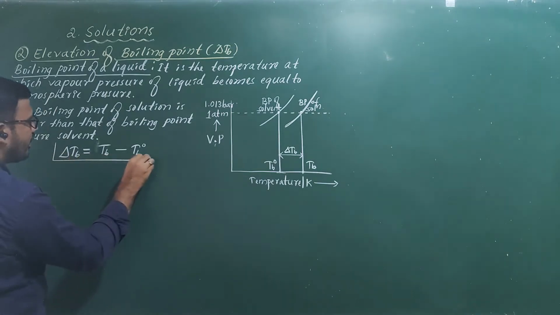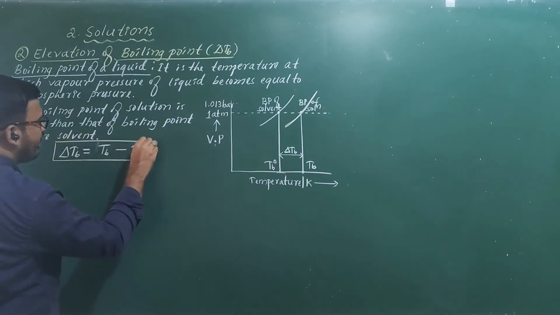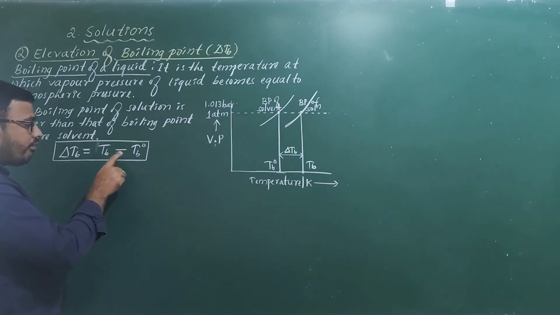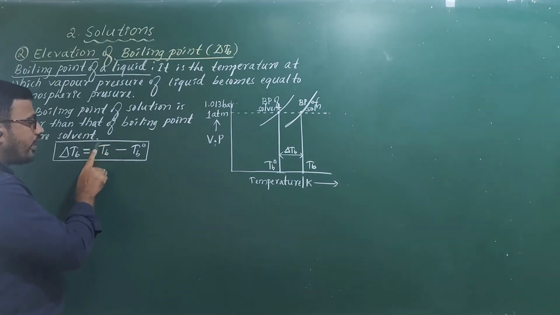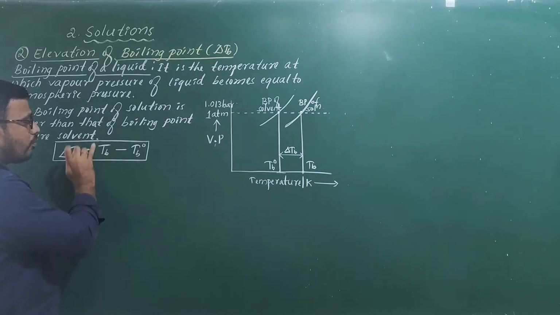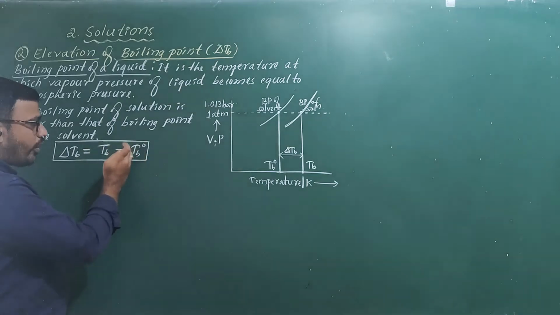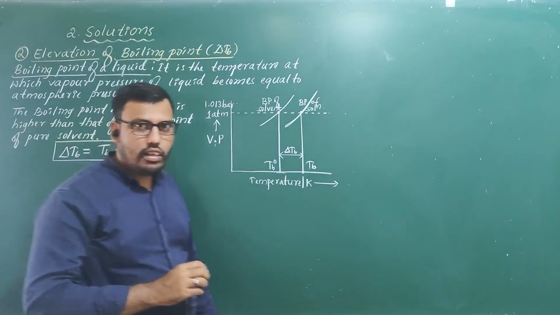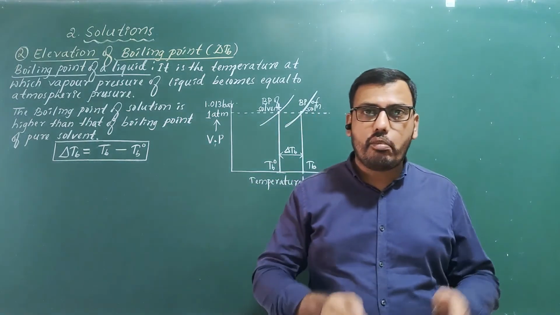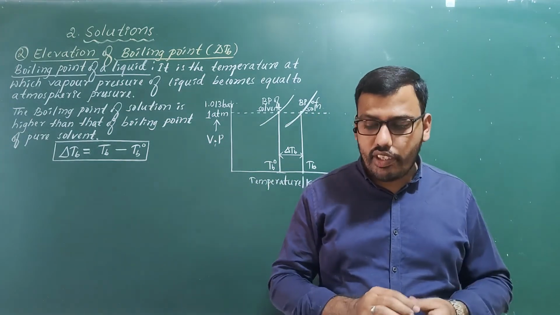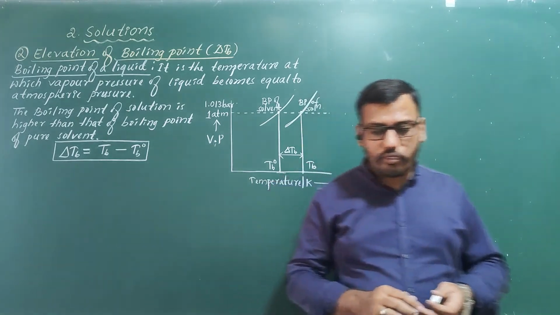So delta TB is equal to TB minus TB naught. It is the difference between the boiling point of solution and the boiling point of pure solvent, and this difference is called elevation of boiling point.